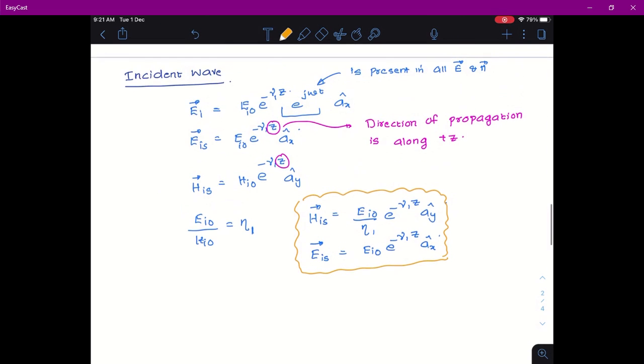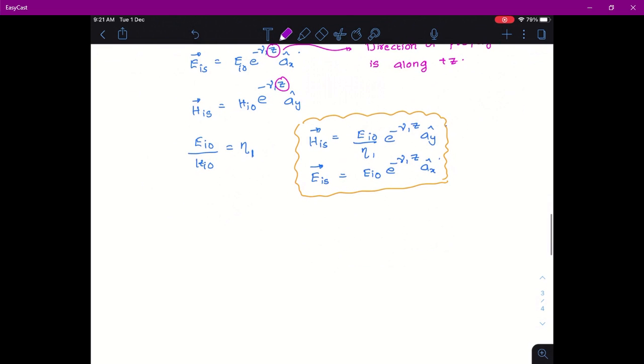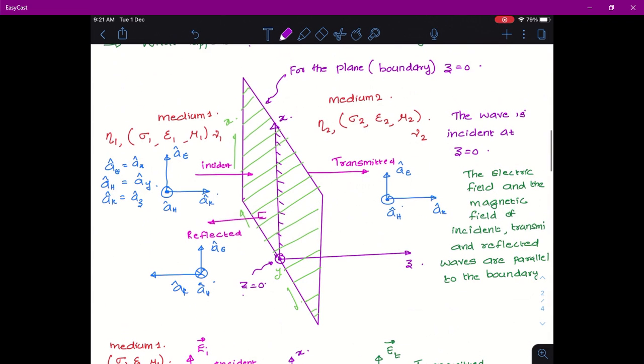Fine. Now let's look at the reflected wave. In the reflected wave, you see that the E cap still remains Ax cap, because E cap is in this direction and X is also in this direction. So E cap is Ax cap. H cap is minus Ay cap.